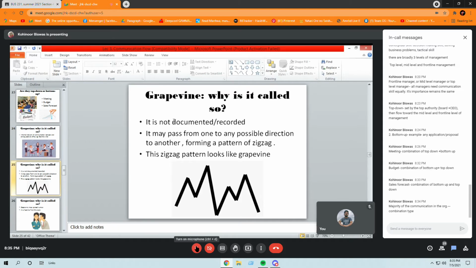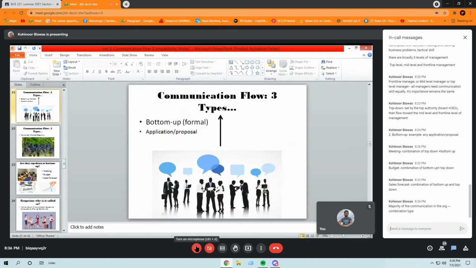So the grapevine is not documented at all. You understand that this is not about a meeting where the decision will be put down by someone. So there is no documentation of this informal communication. Now, how does it flow? So we are learning flow patterns. For example, when it is an RDR case, the application goes from my table to chairperson and then to vice chancellor, the flow pattern is very specific.